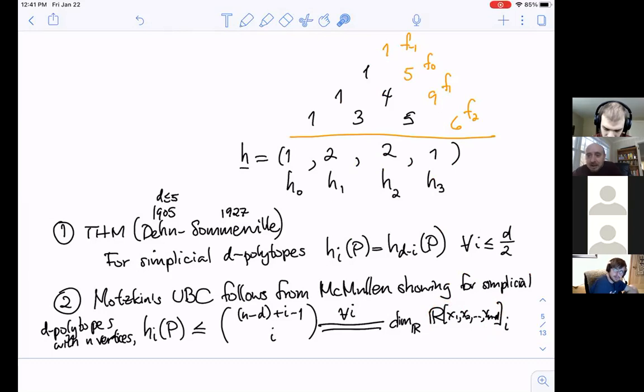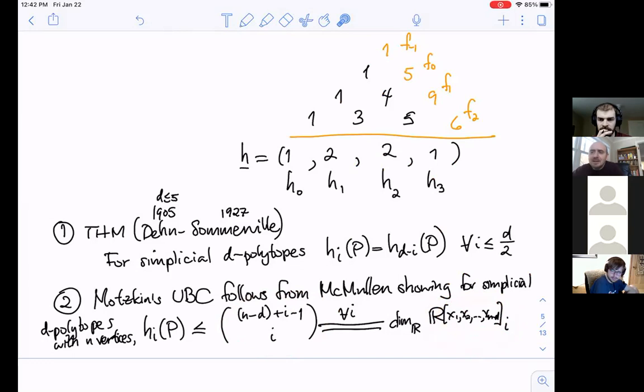I've got n minus d variables, it's a graded ring. There are homogeneous components. You can talk about polynomials that are homogeneous of degree i, and that's what I mean by this: the polynomials that are homogeneous of degree i in n minus d variables. It has a basis given by the monomials that have a total of i variables in them, and there's this many of them.